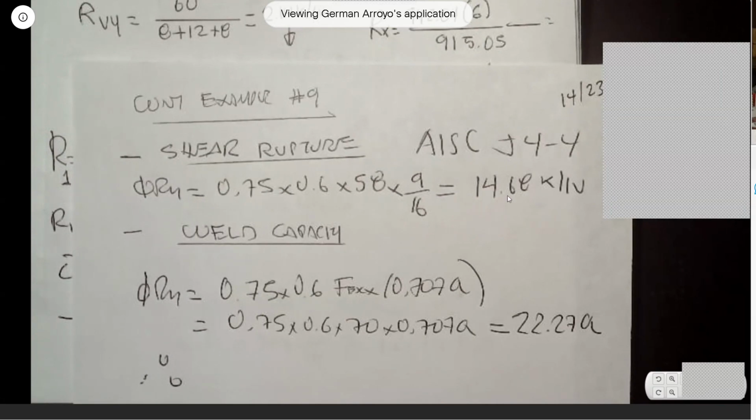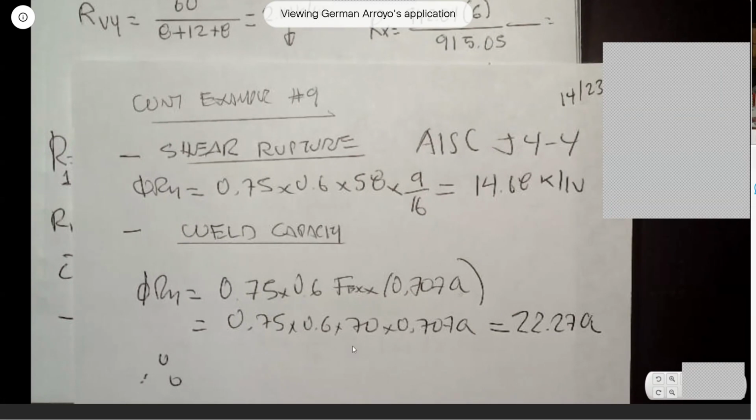We don't know the weld. We're looking for the weld. And remember, the smallest number controls, but we don't know yet the size of the weld. But the capacity of the weld is phi times 0.6, the electrode is 70, given on the top of the page, 0.75, times unknown D, 22.278 D.